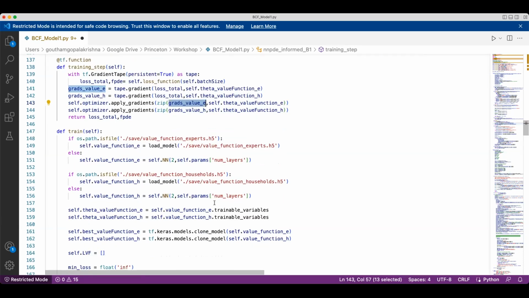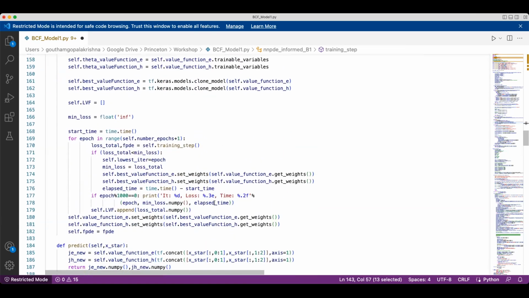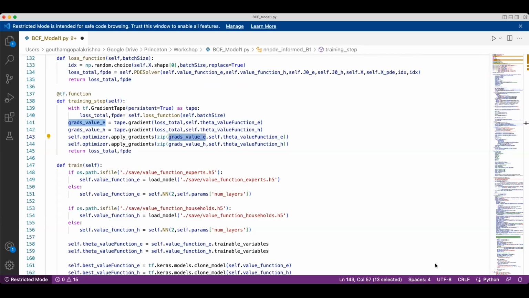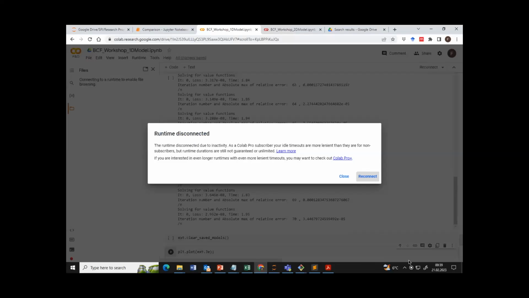If you type all of this in Google Colab, I'm going to show you what happens. Okay, I think Zoom participants can also see this Colab screen.